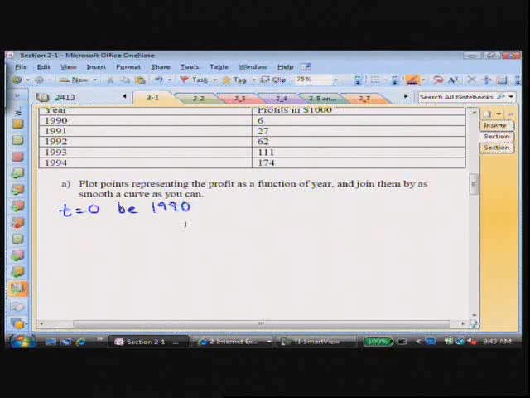And then I'm just going to count by ones. So then we have 1, 2, 3, 4. And then it looks like I need to get to 174. So I will count by maybe 20s. 20, 40, 60, 80, 100, 120, 140, 160, 180.